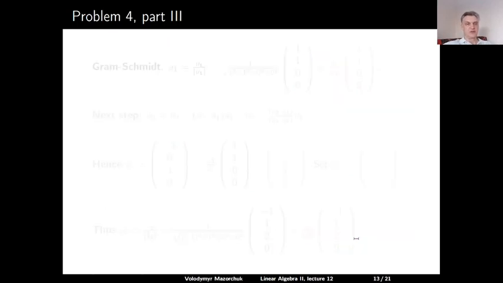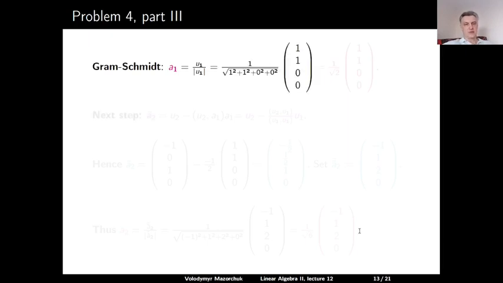So let's do Gram-Schmidt. We start by normalizing the first vector. So a1 is equal to u1 divided by its length. u1 is (1, 1, 0, 0). Its length is the square root of 1 squared plus 1 squared plus 0 squared plus 0 squared, which is the square root of 2. So we get that a1 is equal to 1 divided by the square root of 2 times the vector (1, 1, 0, 0).